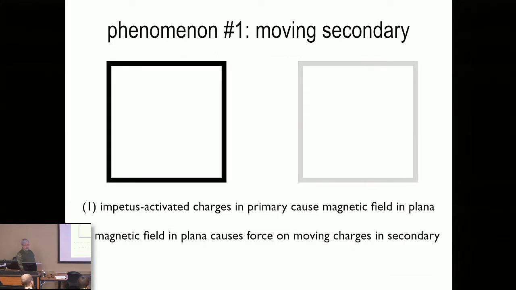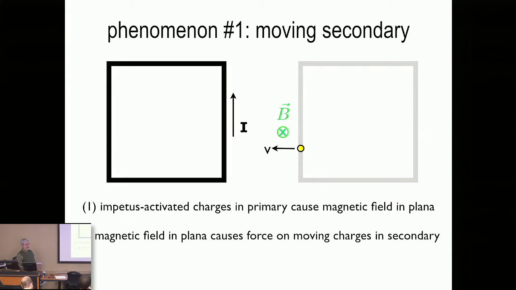So let's look at the first case. We have a primary that has current flowing in it. That causes a magnetic field at the secondary that's into the page here, right? The magnetic field circulates around the wire in that direction. And now we're going to push the secondary towards the primary. And if the charge carriers in the primary are positive, now we're moving those mobile carriers in the presence of a magnetic field.